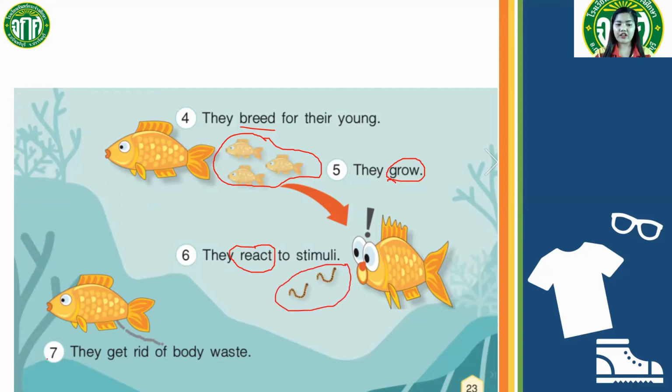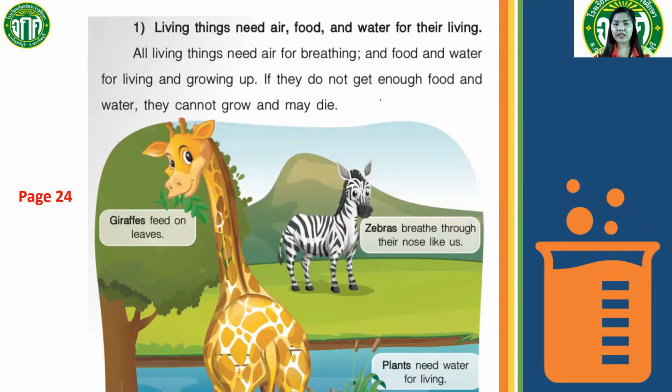Number 7, they get rid of their body waste. This is the body waste of the fish. So they get rid of that waste. Those are the key features of living things. The living things are those things that are alive. We have more explanations of living things.